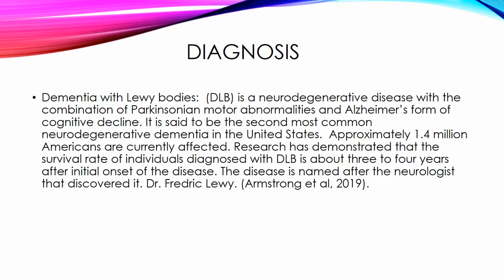It's said to be the most common neurodegenerative dementia in the United States. About 1.4 million Americans are currently affected, and research has demonstrated that the survival rate of individuals diagnosed is about 3 to 4 years after the initial onset of the disease. Not the diagnosis, but the disease itself.